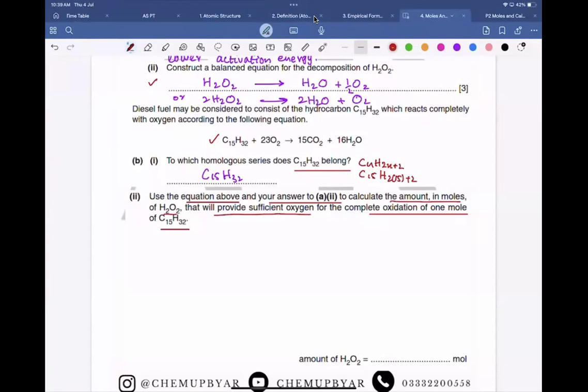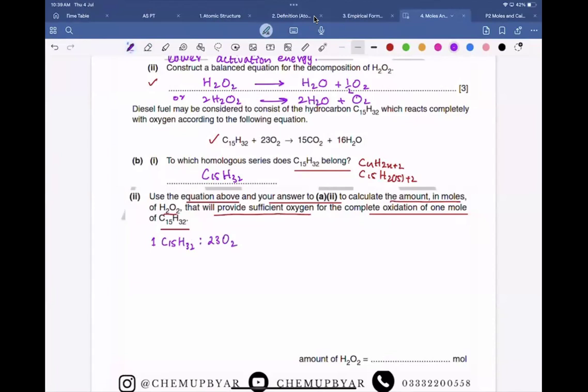So 1 mole of C15H32 requires 23 moles of oxygen. Very good. So we got one ratio over here. Very good, Alishba. That 1 mole of C15H32 needs 23 moles of oxygen.